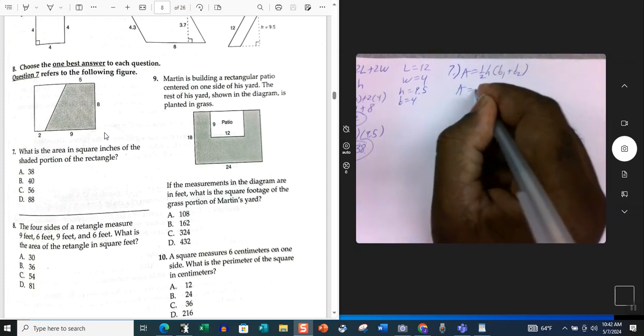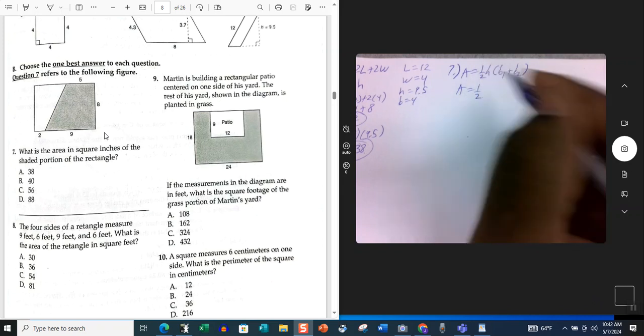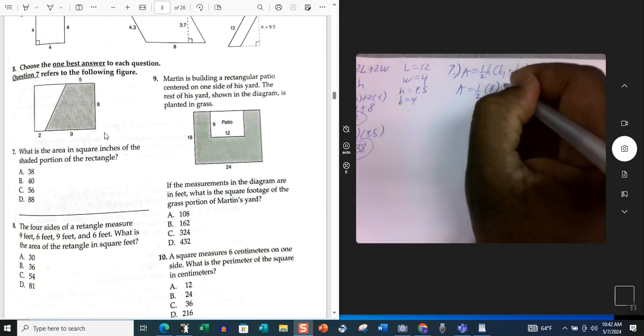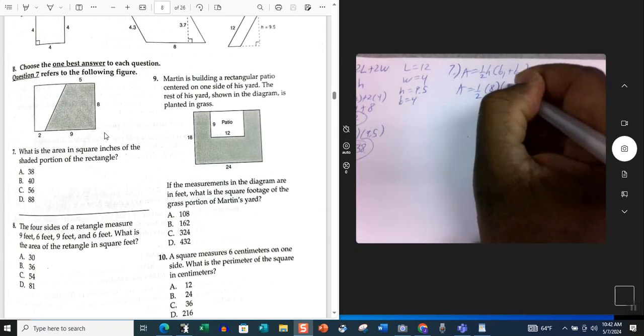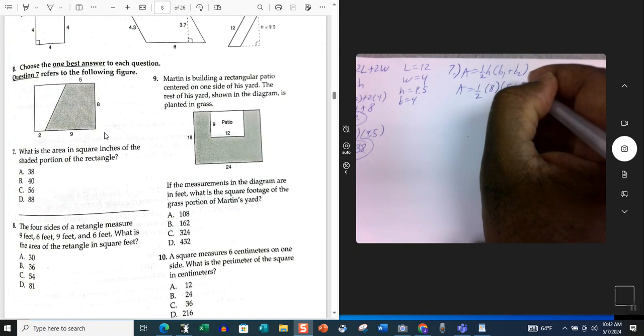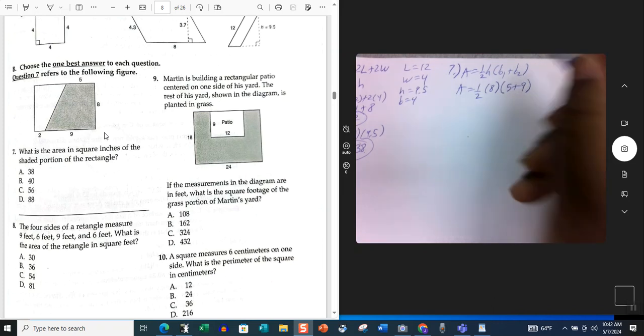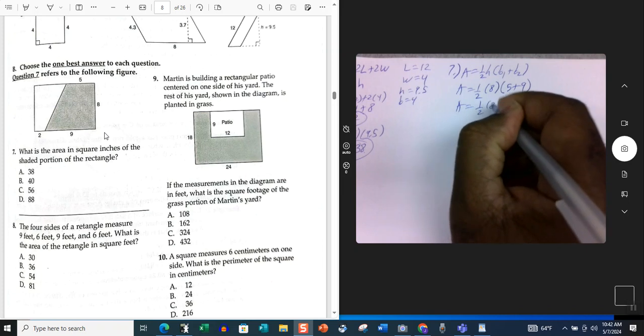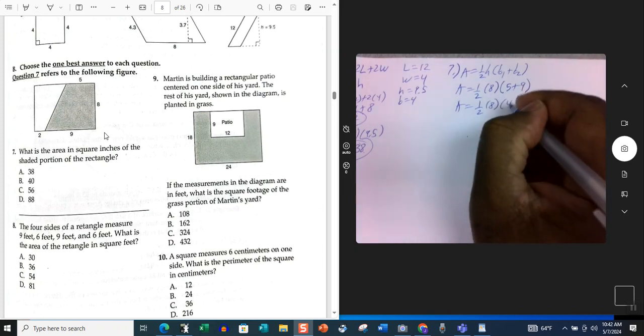So now we'll go through. The height here would be 8. And then we'll do base 1, which would be 5, and base 2, which would be 9. Okay, so now we have A is equal to 1/2 times 8, and 5 plus 9 is 14.